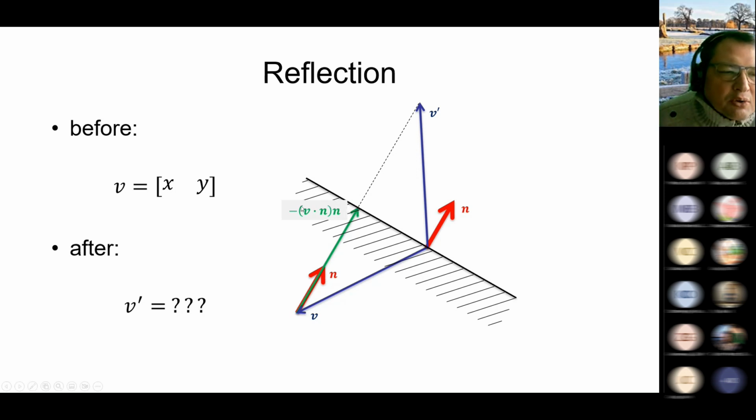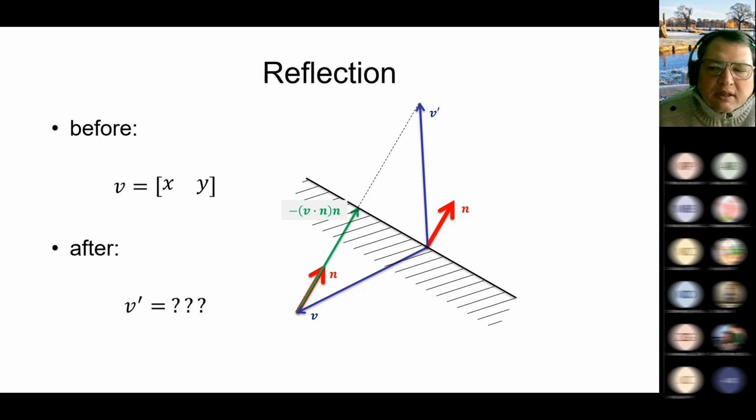And we first of all take a negative because we need to invert this vector v, and we multiply the length of this edge by the vector n to convert a number.